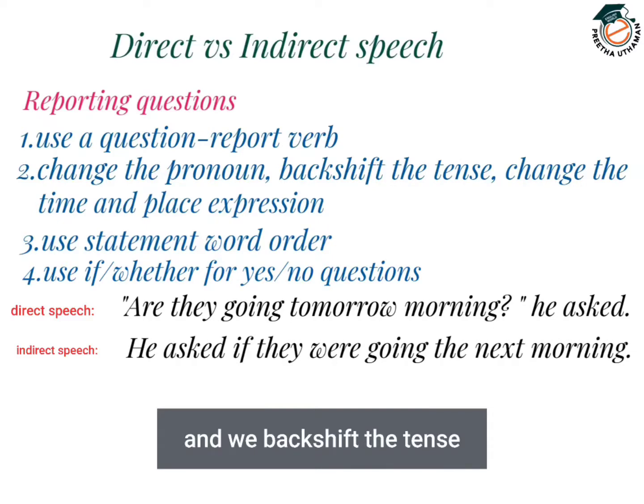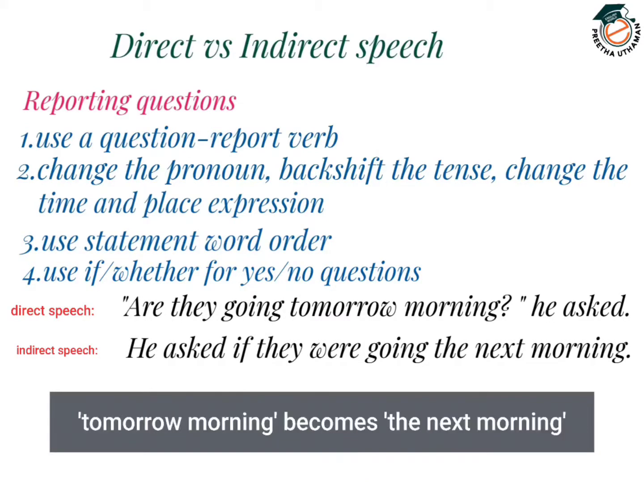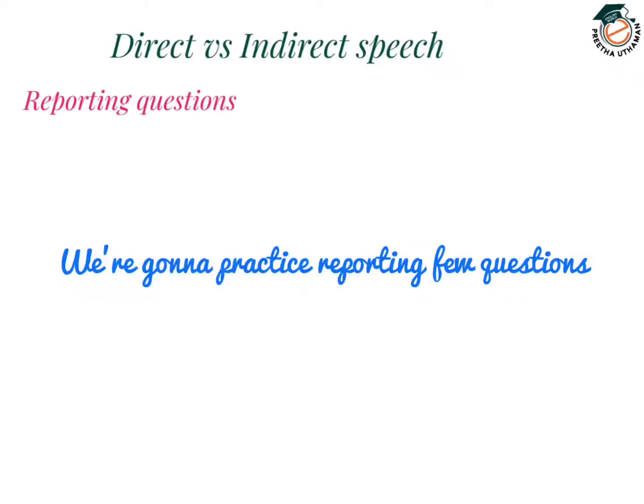He asked if they were going. So present continuous changes to past continuous, were going. He asked if they were going the next morning. Tomorrow morning is a time expression, so we change it to the next morning.